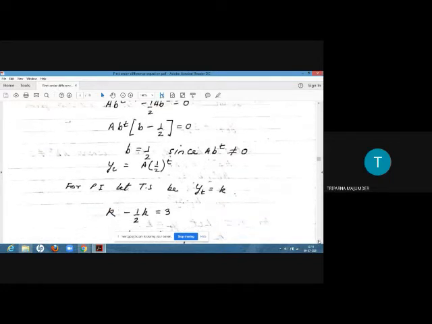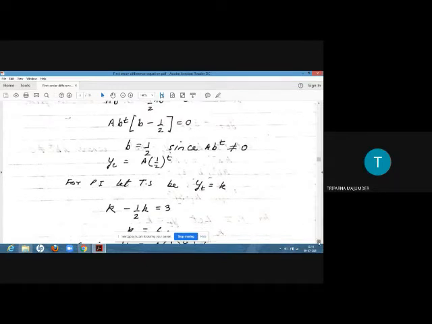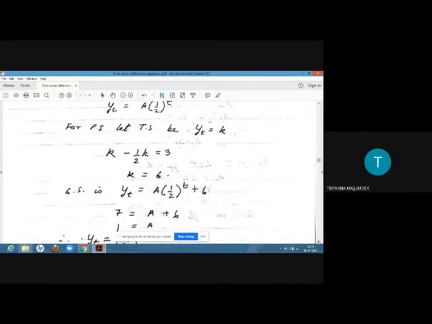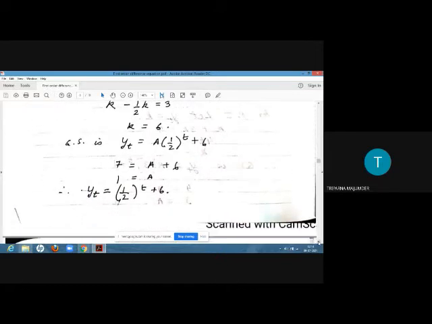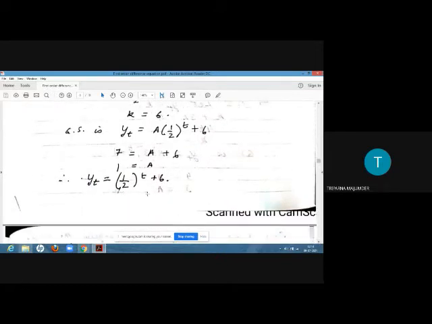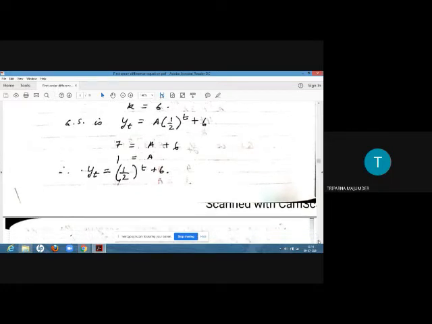Now for the particular integral, let the trial solution be k. This gives us the value of k to be 6. Now again we put in our initial conditions to get the definite solution as yt is equal to half to the power t plus 6.